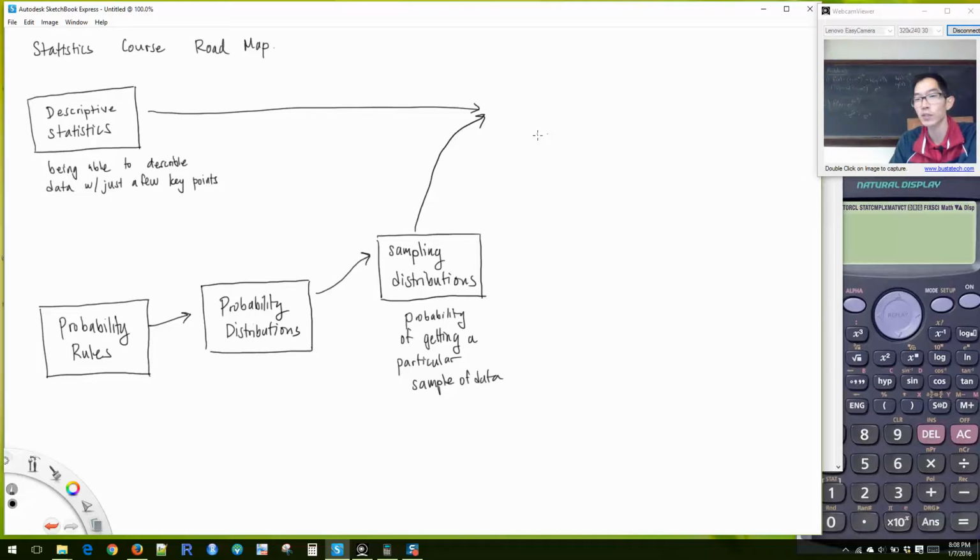Sampling distributions and descriptive statistics come together to create statistical inference.